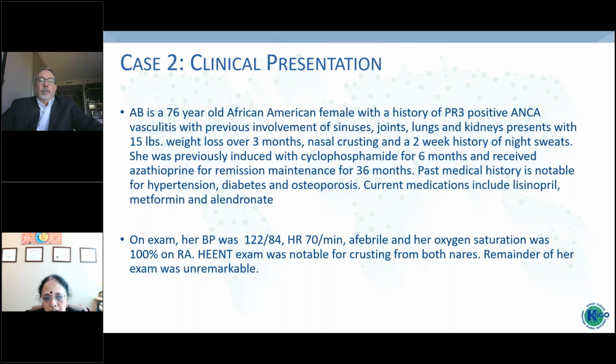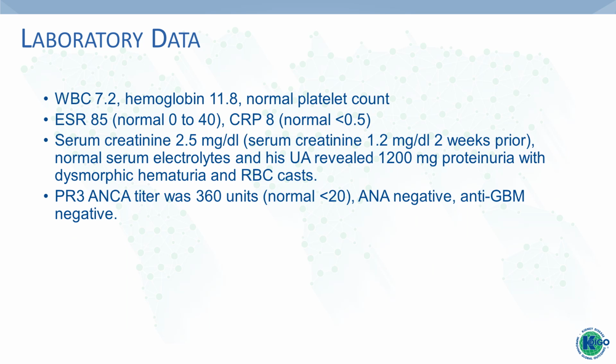On examination, her blood pressure was 122/84. She was afebrile and saturating well on room air. HEENT exam was notable for crusting of both nares. The remainder of the exam was unremarkable. Laboratory data revealed a hemoglobin of 11.8 with a normal white count and platelet count, and elevated C-reactive protein and sedimentation rate.